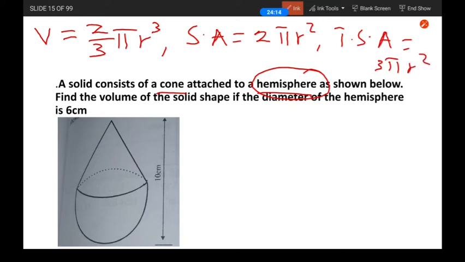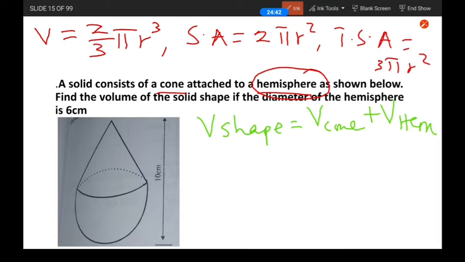But in this case, what do we have to calculate? Volume of the shape. Now, volume of the shape naturally will be the volume of the shapes we have inside. We are asked that it consists of a cone plus a hemisphere.